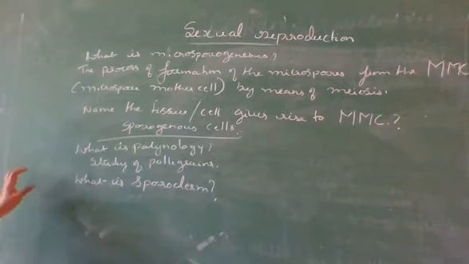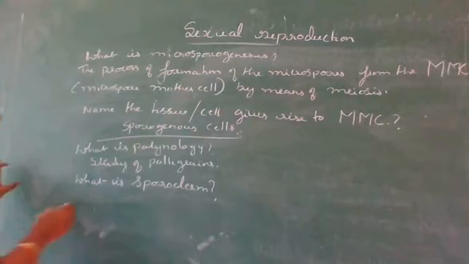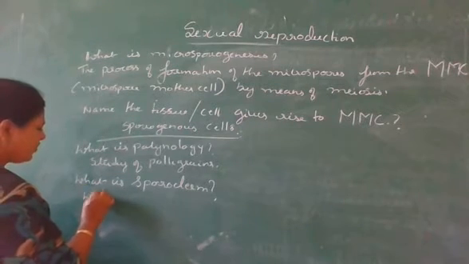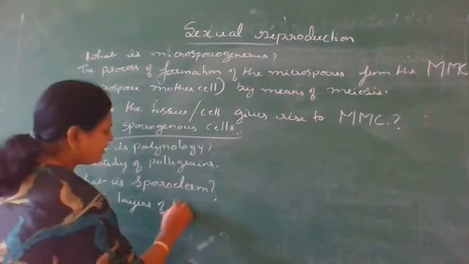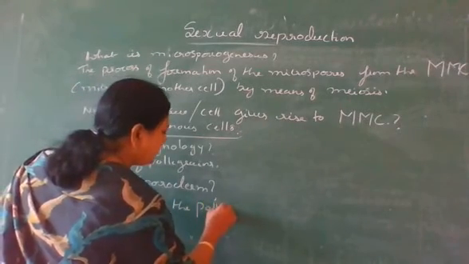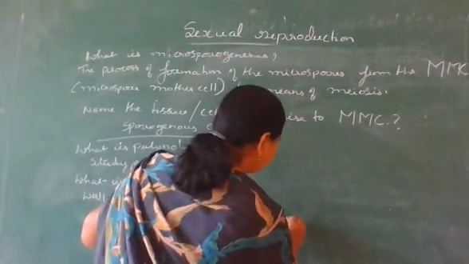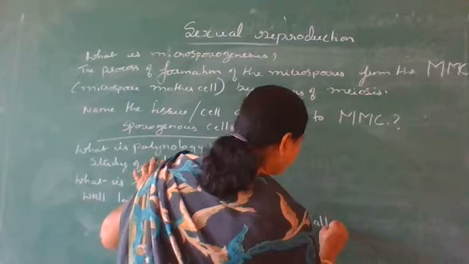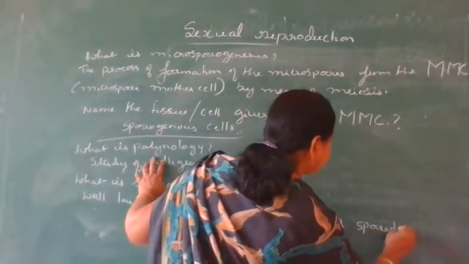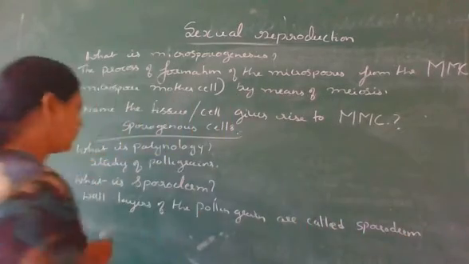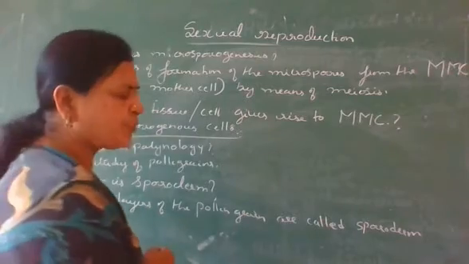Sporoderm means the protective wall layers of the pollen grain. The wall layers of a pollen grain are called sporoderm.